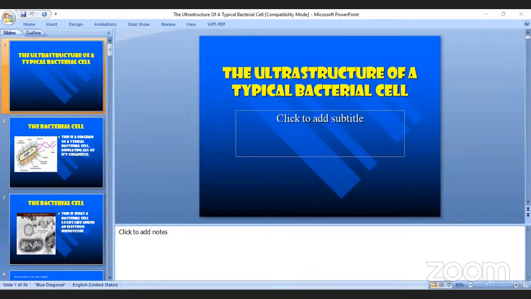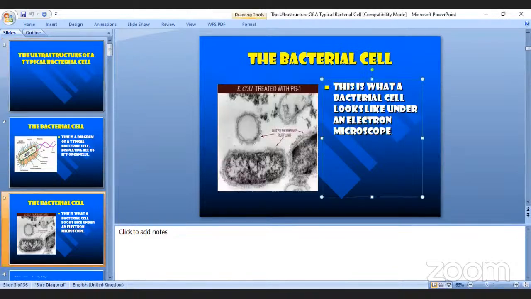Yes, sir, in the textbook we observed. Is the bacteria diagram visible or not? No, sir. Just wait. We are looking in the textbook, sir, not the PPT. Now it's visible, sir. Which one is visible? The bacterial cell. Yes, the third slide.